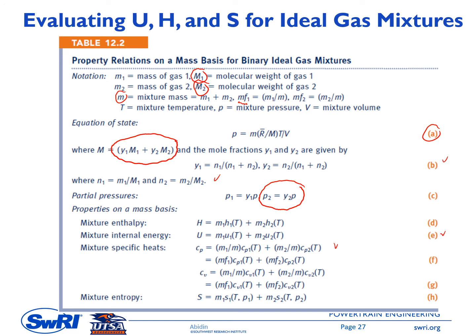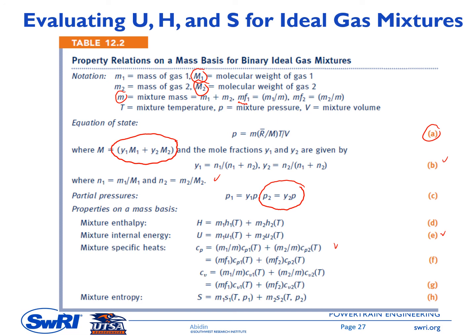So Cp here is the mass fraction times the Cp of the corresponding component, plus the same form, same term for the second gas. And then Cv is formulated similar to Cp. So this is the mass fraction times Cv1 plus the mass fraction of gas 2 times Cv2.